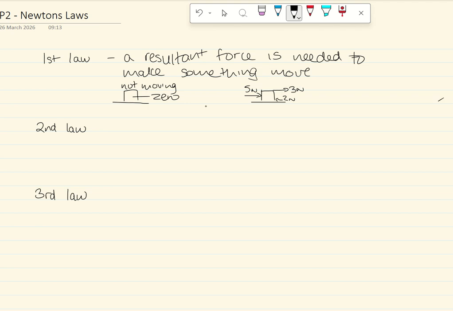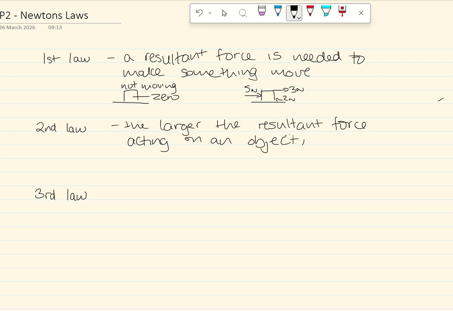Newton's second law says the larger the resultant force acting on an object, the more the object accelerates.